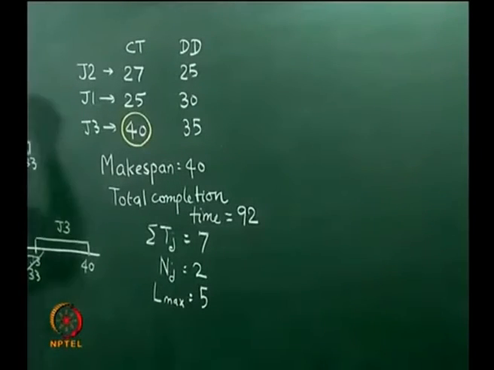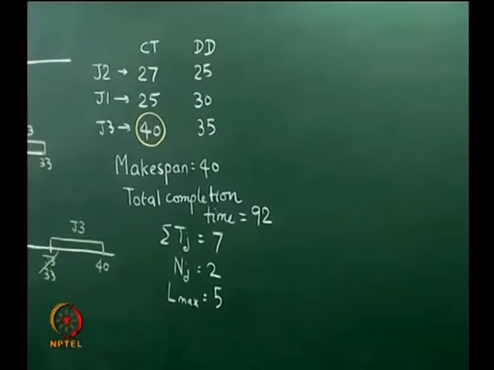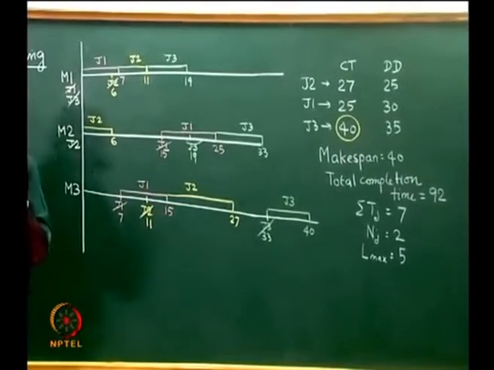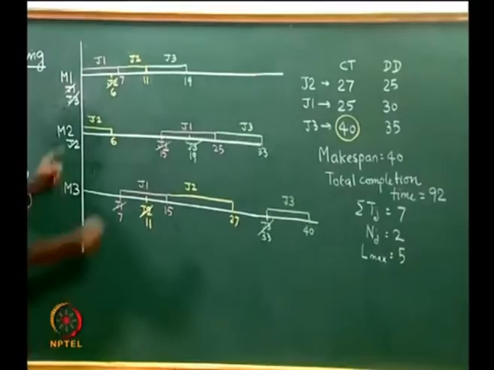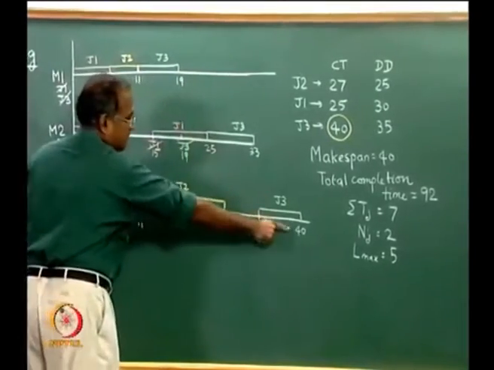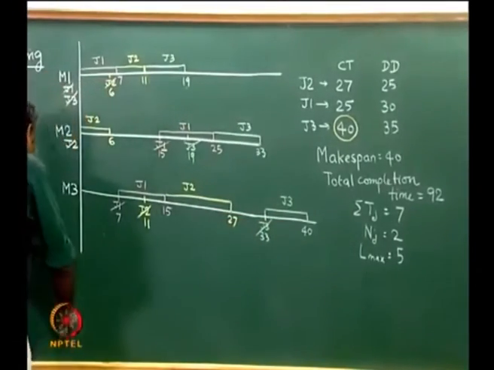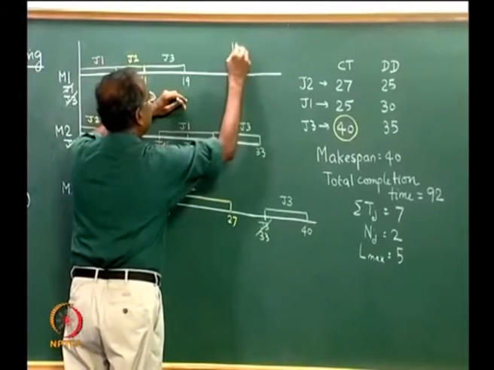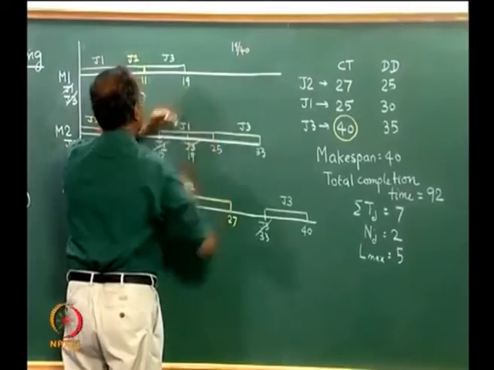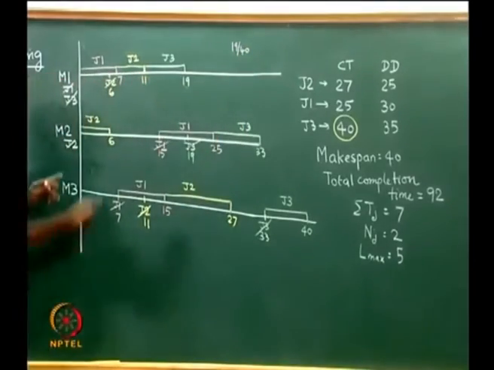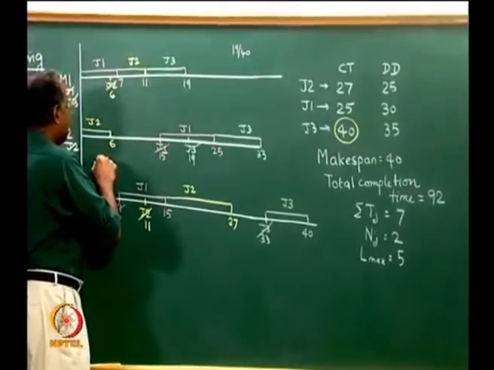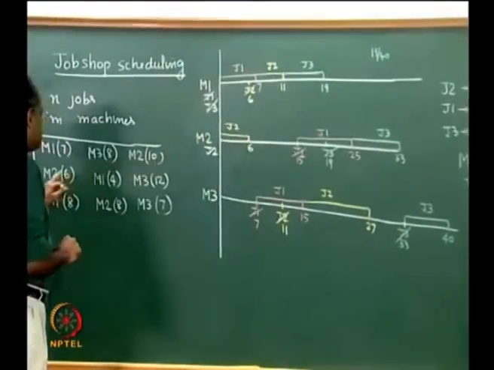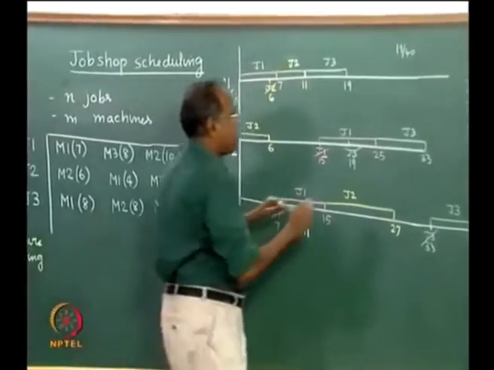Now, if we want to look at the utilization of these machines, so till time equal to 40 the shop is busy. So, this takes 19 out of 40. So, utilization of M1 can be shown as 19 by 40. Utilization here would be the time taken on M2, which is 10 plus 6, 16 plus 8, 24 by 40.